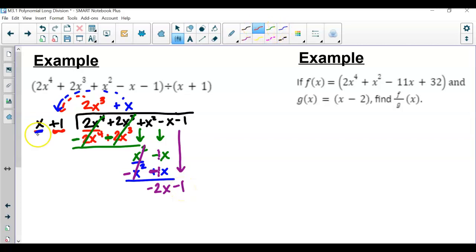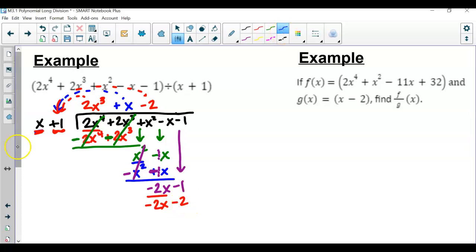Same thing, focus on first term into first term. Well, that's just negative 2, and 1x divided by that 1x, we have what we need. So negative 2 times x, negative 2x. But don't forget to also multiply that negative 2 to the positive 1, giving you negative 2.